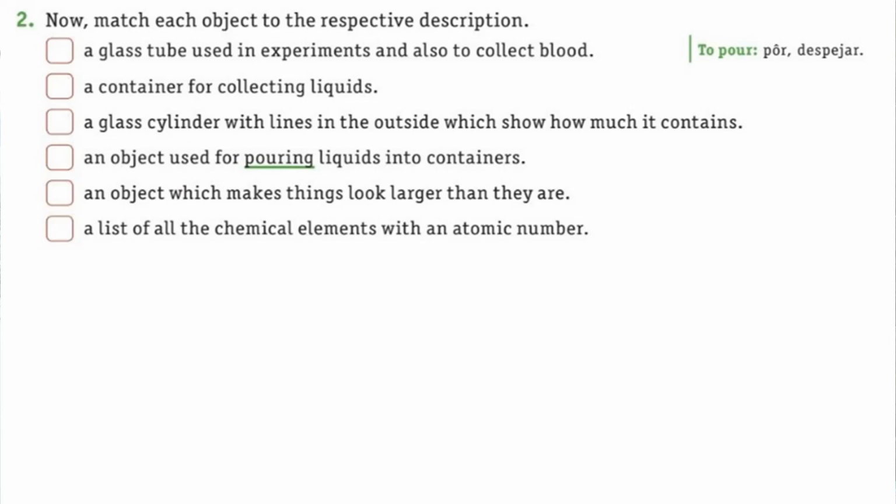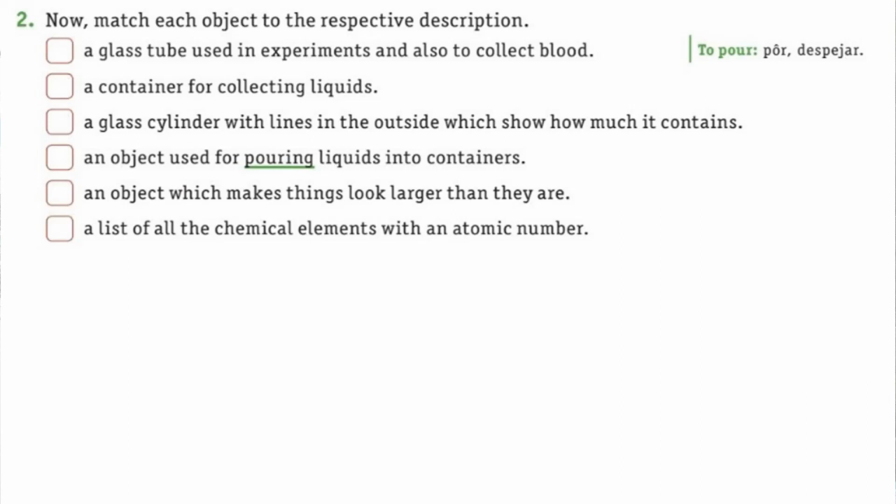An object which makes things look larger than they are. A list of all the chemical elements with an atomic number. So those are the descriptions you're going to need. And now you need to come back to exercise number 1 to use the letters, okay?